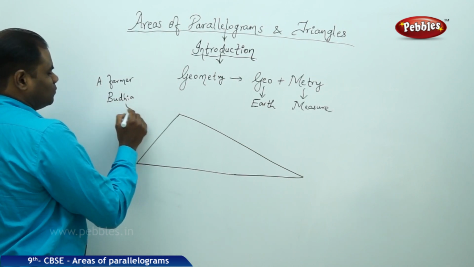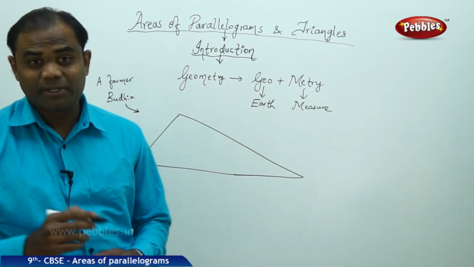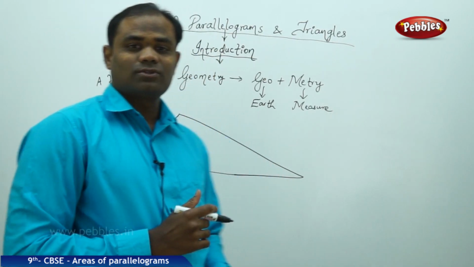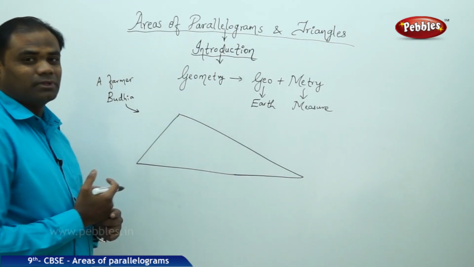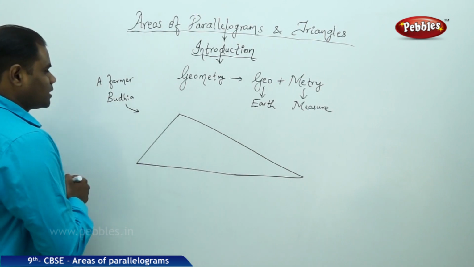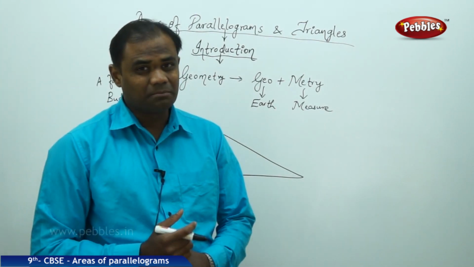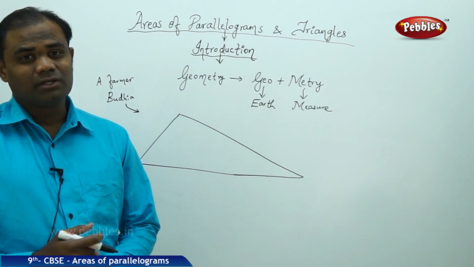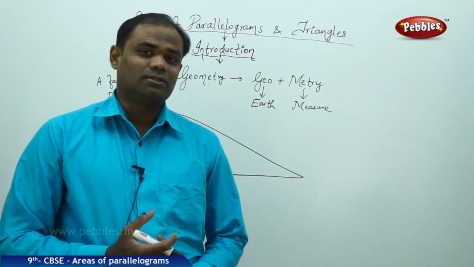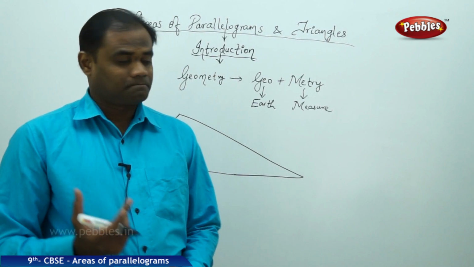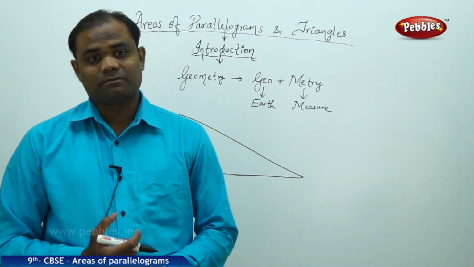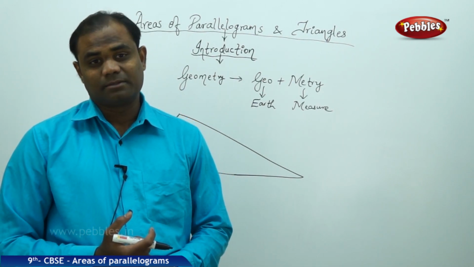Budhia wanted to divide his triangular piece of land into three parts so that he could distribute the land to his two daughters and one son. So how can he distribute this triangular piece of land equally without any disputes? This is to be done mathematically.